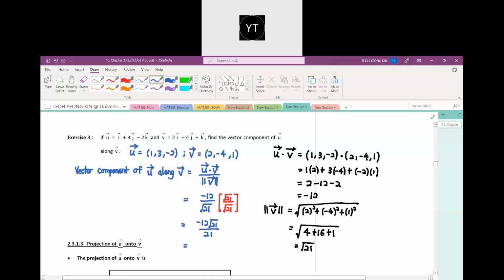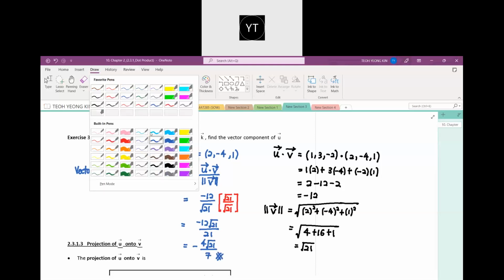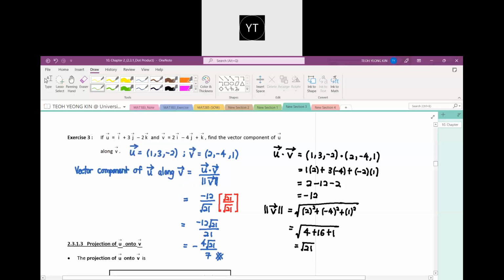If I simplify by dividing by 3, 12 divided by 3 is 4, and 21 divided by 3 is 7. So we have negative 4 square root of 21 over 7.